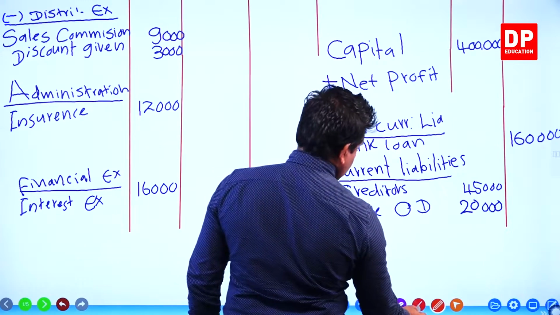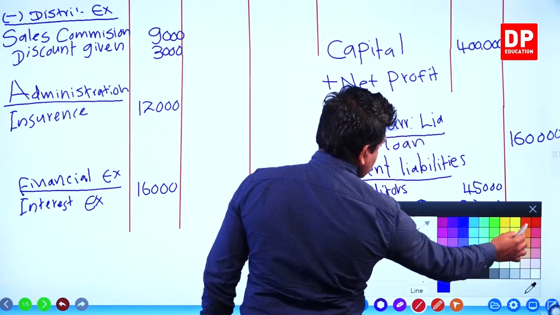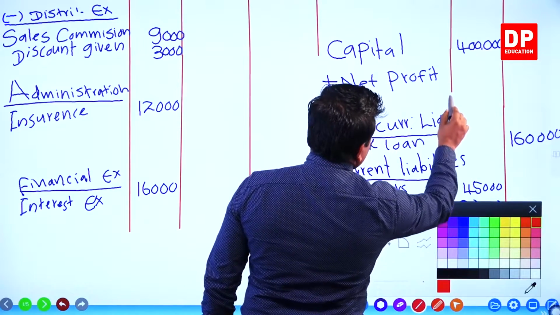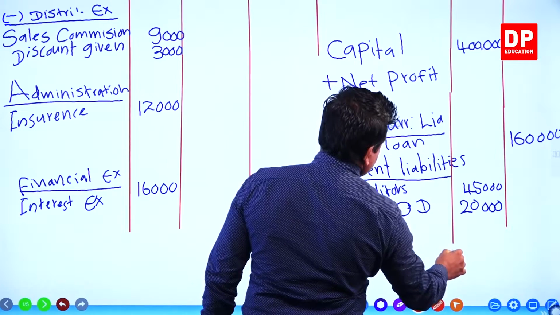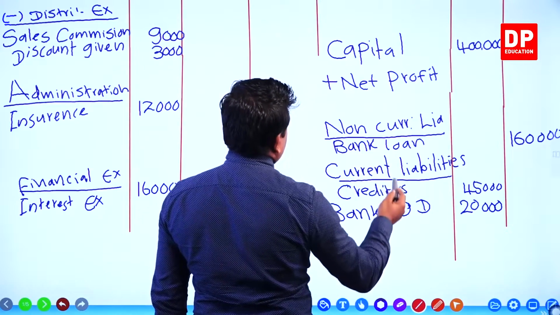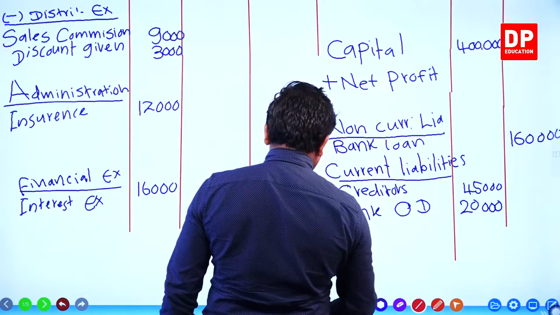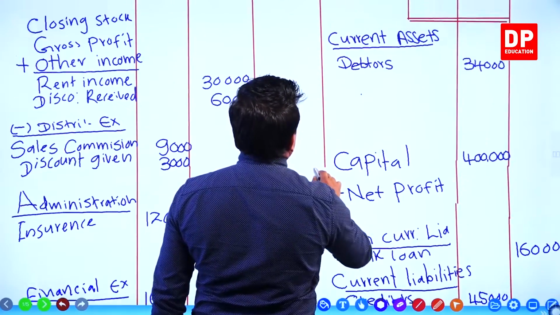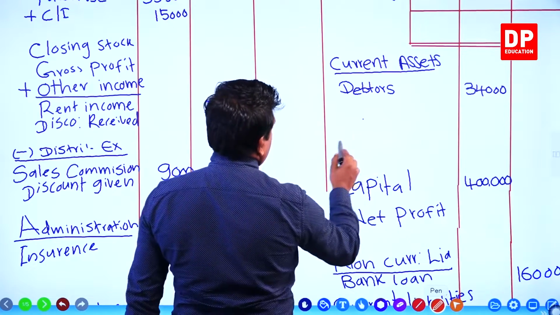Here we can draw a line. Okay. Bank overdraft 20,000. Cash in hand, do you remember? It's 155,000. It's current assets. You write it as the last item.